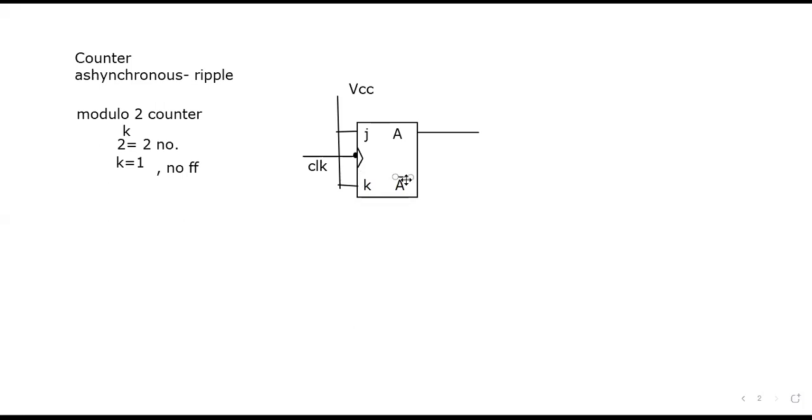So this is a one-bit counter. The synonyms for this are modulo 2 counter, one-bit counter, or binary counter. For 2 to 3 marks it may be asked: this is a one-bit asynchronous binary or ripple counter.